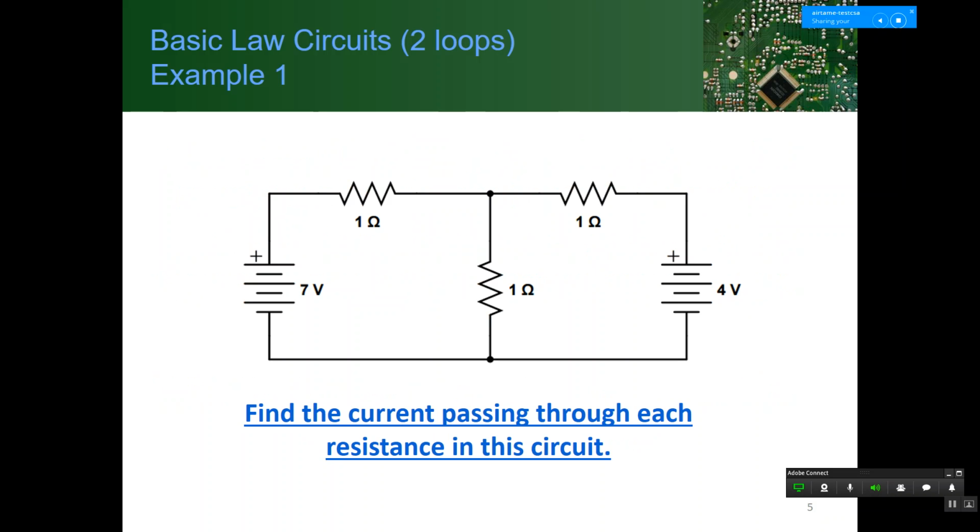Okay? And the basic law is that the voltage drop across a whole loop is the voltage. If you add up all the voltages in a loop, you'll get a voltage of 0. All right, so the voltage in a loop is 0 volts.